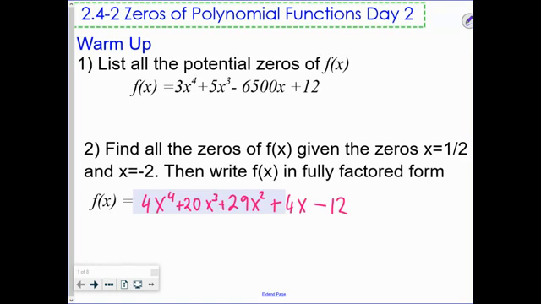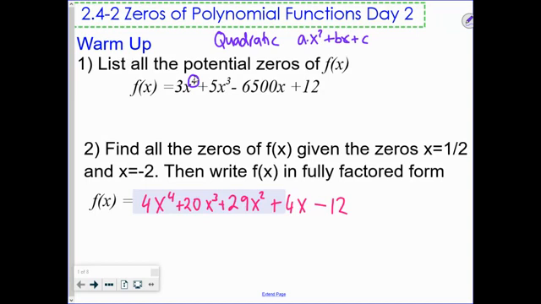The idea is, if you had a polynomial of degree 4, you would know it has 4 zeros. But what we were looking at yesterday is that if we ever have something that's quadratic, degree 2, something to do with x squared, then we can always find the zeros, either by factoring or using the quadratic formula.